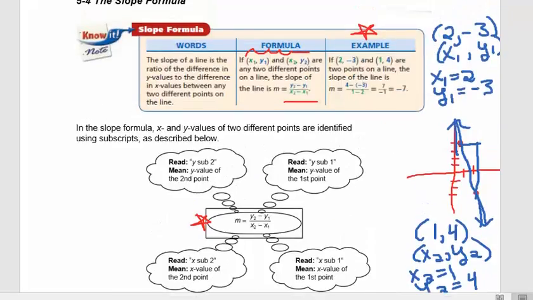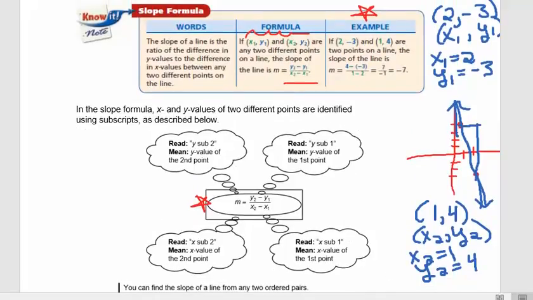You don't always have to write those out like that. You can just see them and say x1, y1, x2, y2. Okay, now we're going to put them into the formula. The formula says that the slope, we call it slope m, by the way, m is slope.